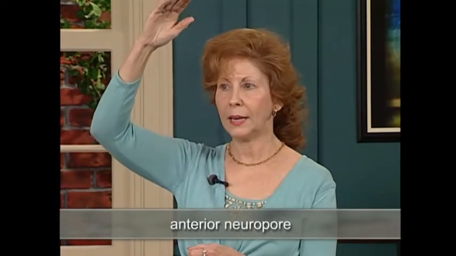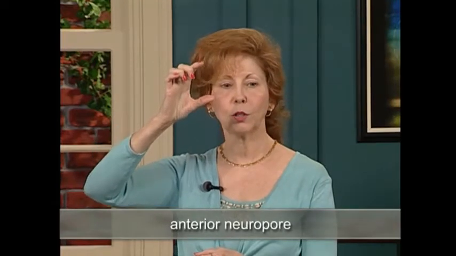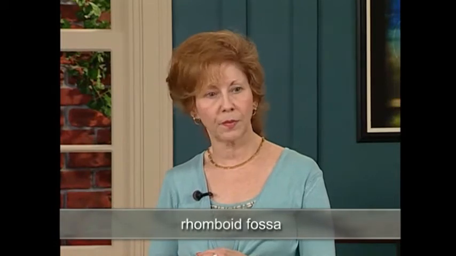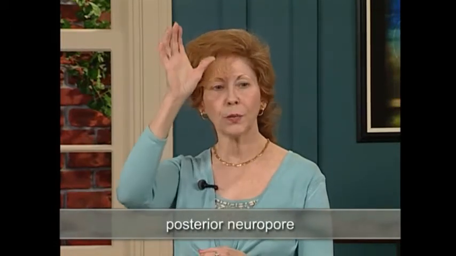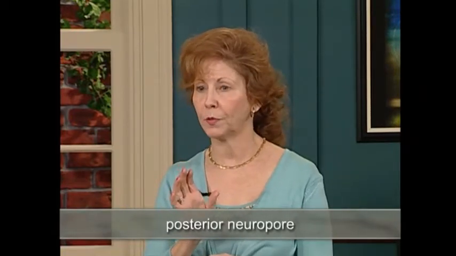It's going to close all along its length except for an anterior part, which is called the anterior neural pore, an area about 1/3 of the way down the neural tube, which is called the rhomboid fossa, and at the very bottom of the tube, called the posterior neural pore. So these are the only areas where the neural tube remains open for any time.